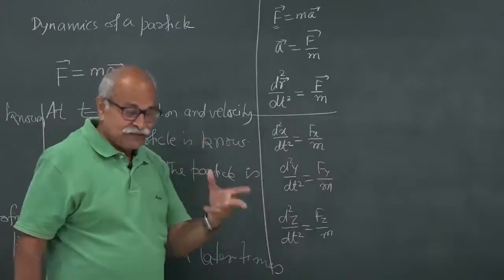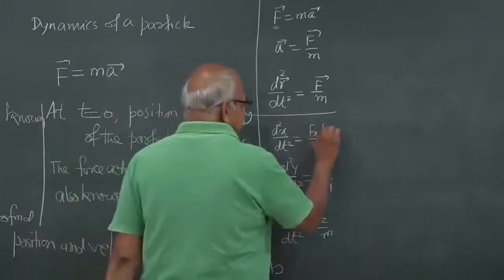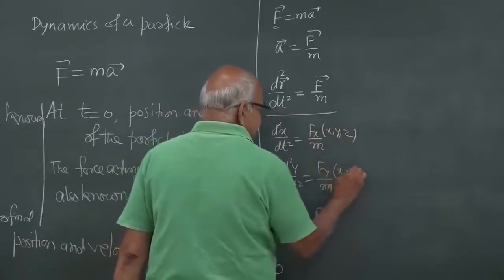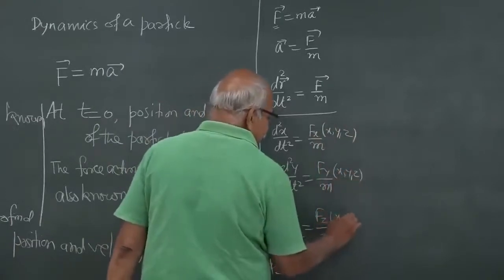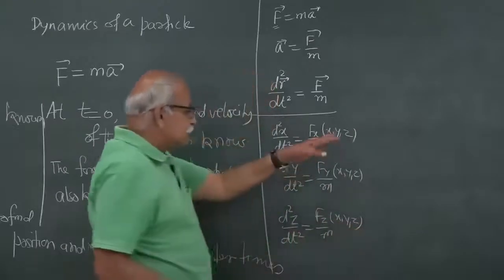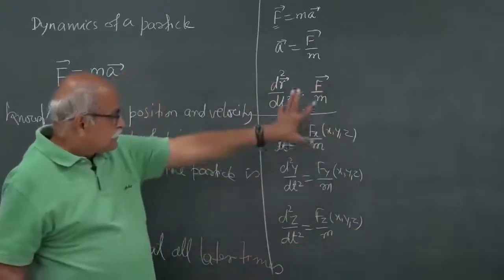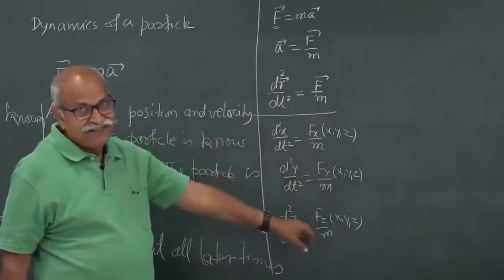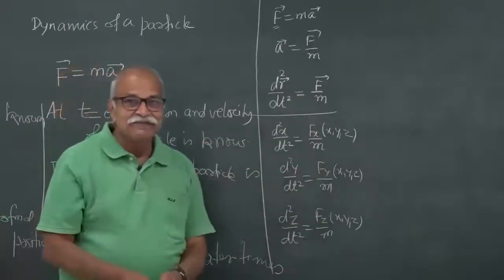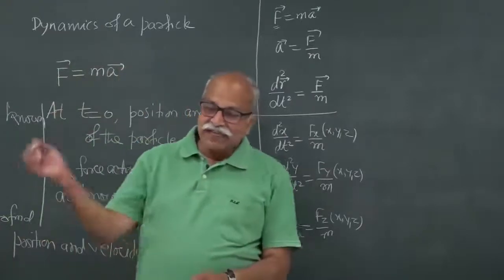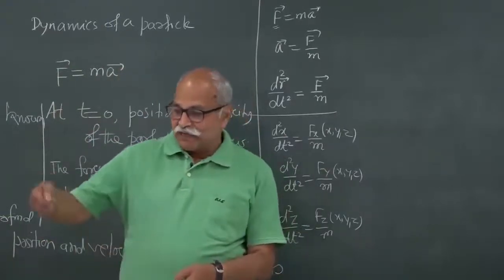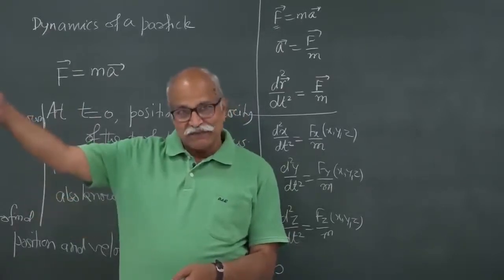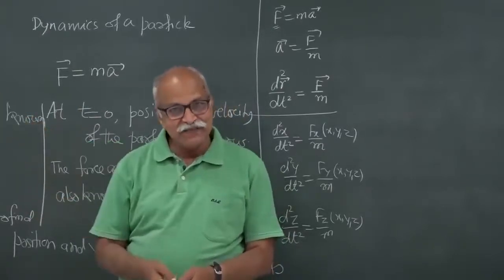Or both. So, this may be some function of x y z, can also be time, but we will first deal with the forces which depend on the position of the particle. Just like if you have a pendulum, then if the pendulum is here, you have a particular force, if the pendulum is there, you have another particular force.